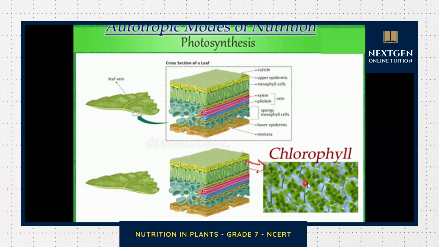Then below the mesophyll cells are the vascular tissues present in the vein of the leaf. That is xylem and phloem. Then comes again a spongy mesophyll layer and the lower epidermis. In the lower epidermis, stomata are present.